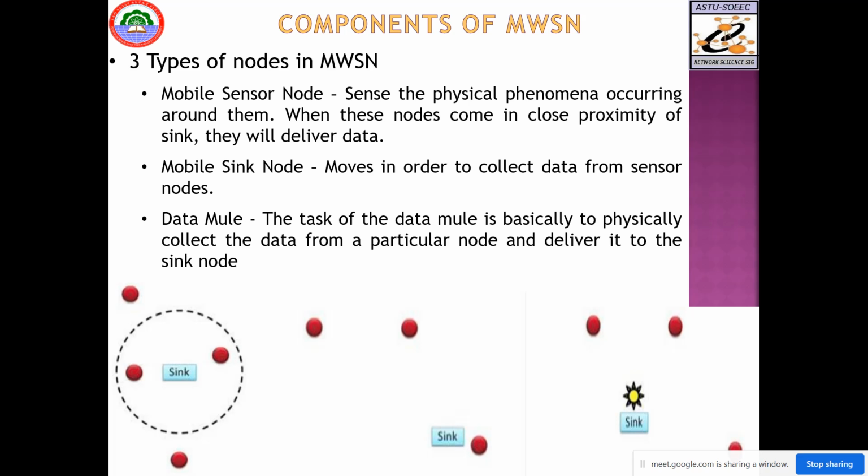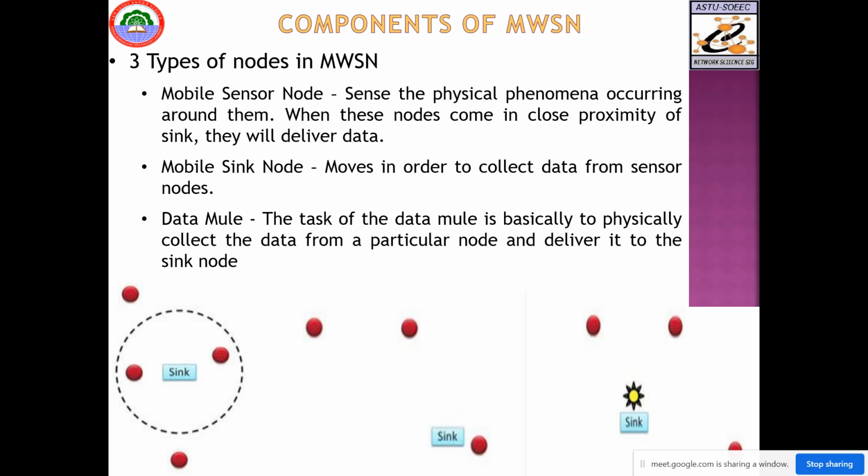Likewise, we can see this data communication in this slide. In the first image, there are four nodes, and in the virtual communication range we have a sink node, shown by a dotted circle. Inside the dotted circle there are two nodes, and outside the dotted circle there are two nodes again.